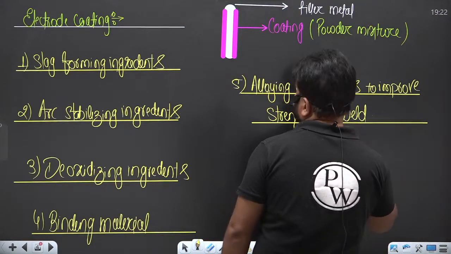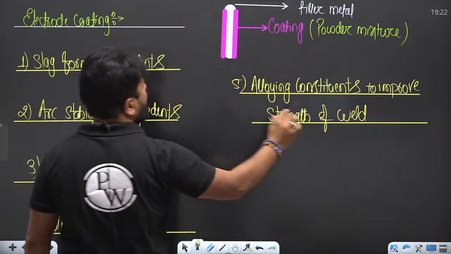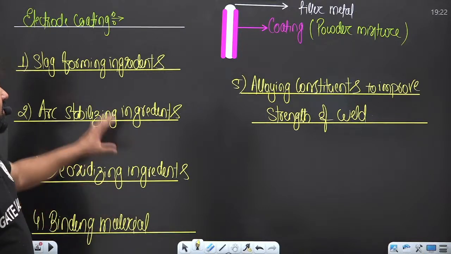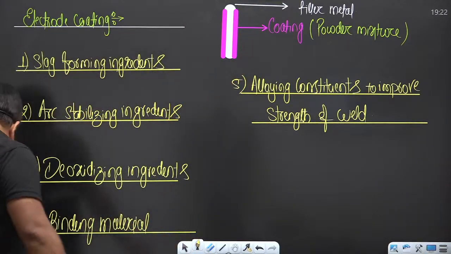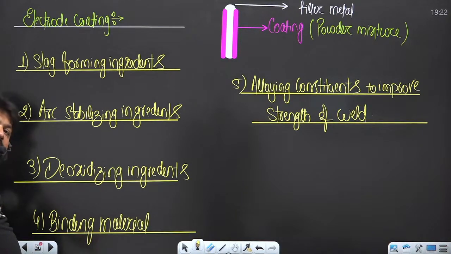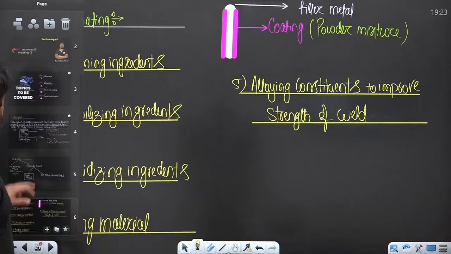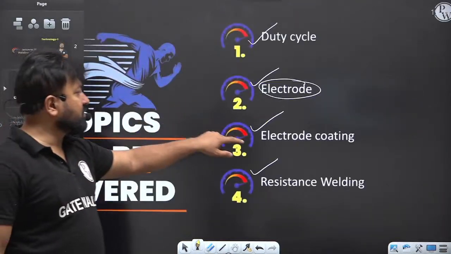So these are the materials in the powder mix of the coating. I hope you understand this.